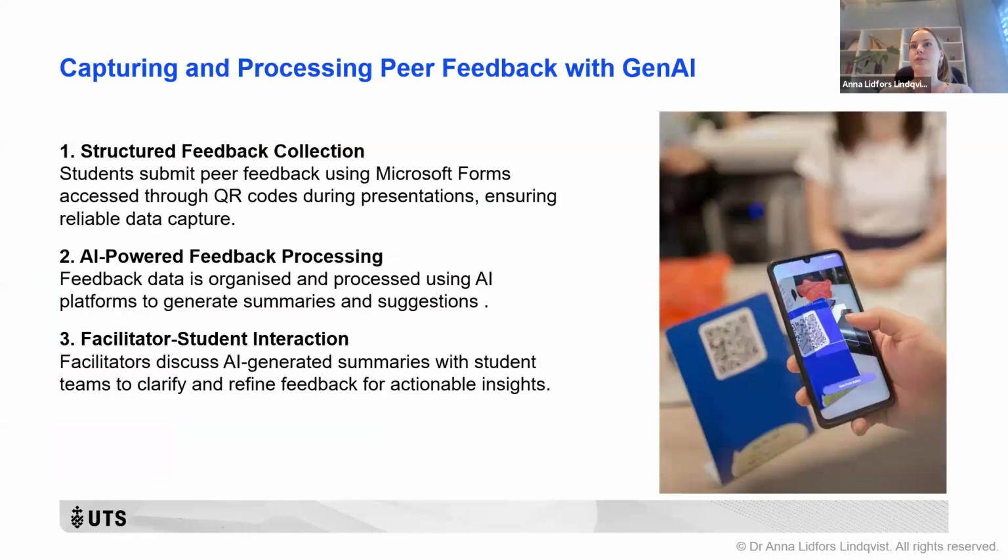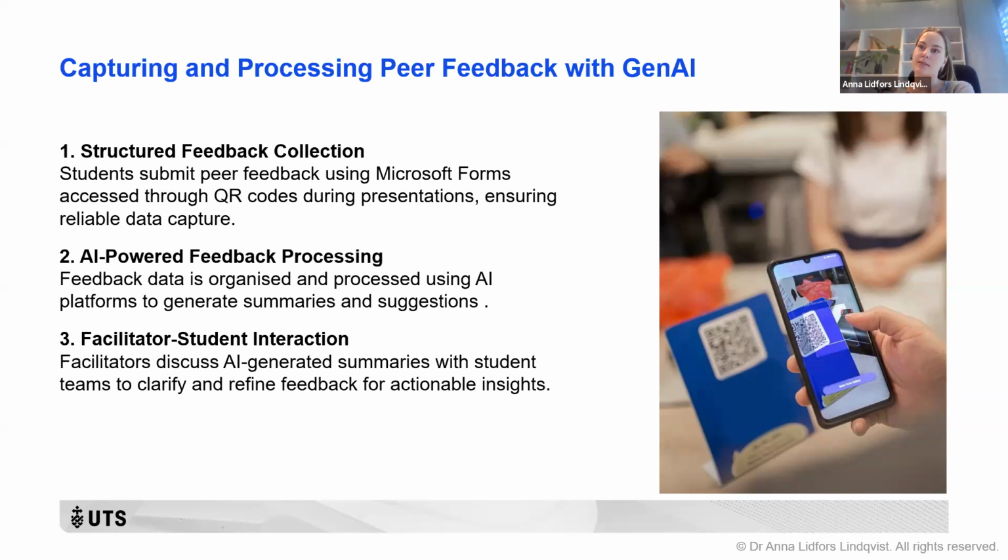The process that we use is very similar to the previous one. We have a QR code that the students scan, which takes them to a Microsoft Form, ensuring that we capture the data. Then we use AI to synthesize the feedback as well as make suggestions. And we don't just give that to students.